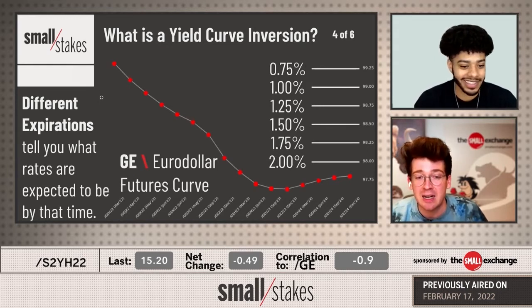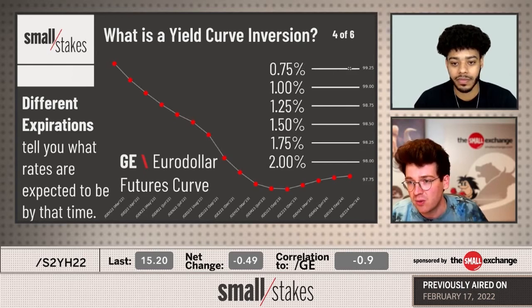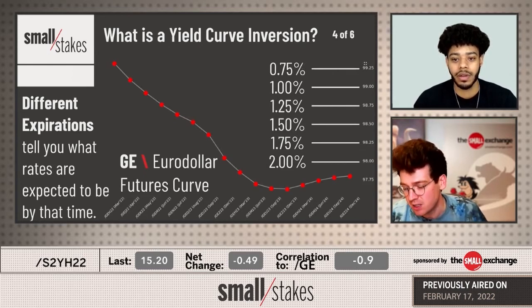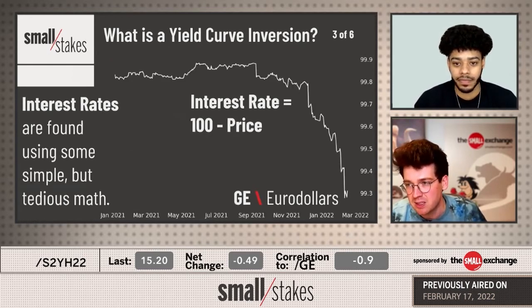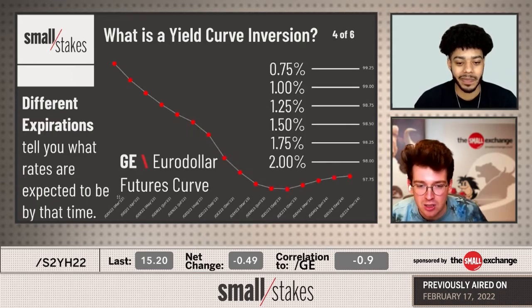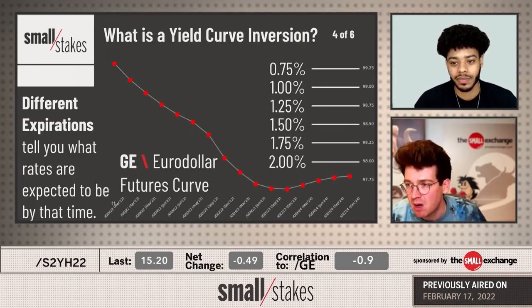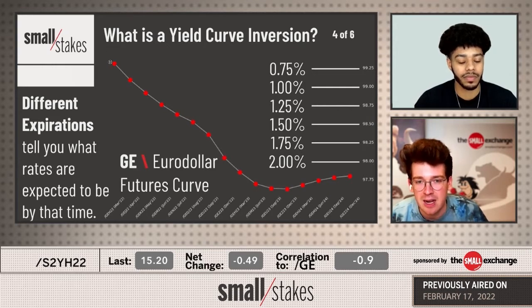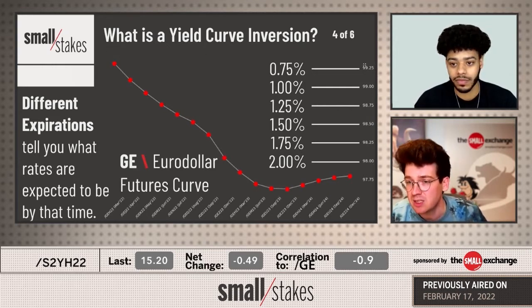So this first dot is exactly the price that we were just looking at, right? You bring this all the way over, 99.30 is where it was at. That's the price there. That's the March expiration this month for Eurodollars. And that's going to correlate, just like we said, to a yield of 0.7%.